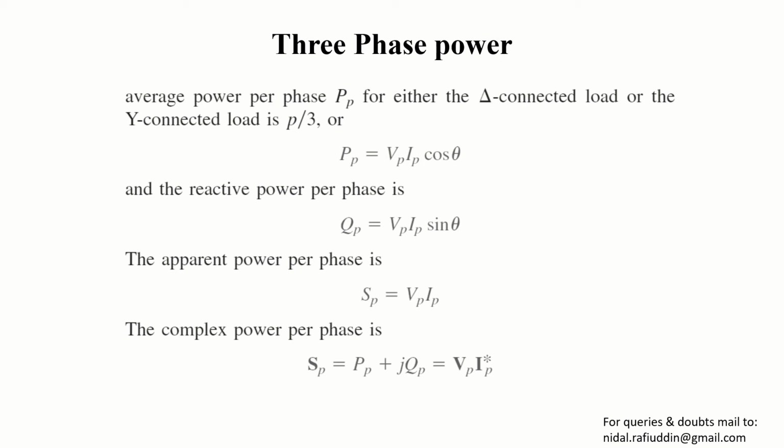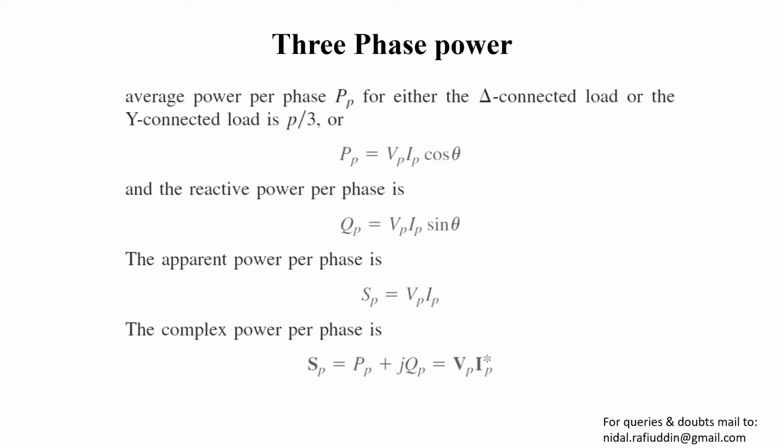In a balanced three-phase system, we have power for three phases as 3 Vp Ip cos theta, which means that the same power is consumed, supplied, or stored in each of the phases, which will be P by 3.